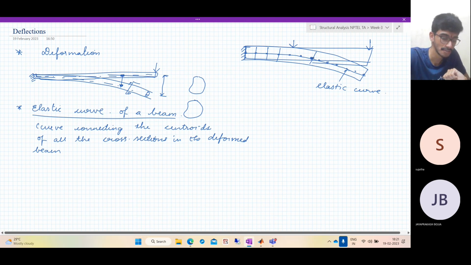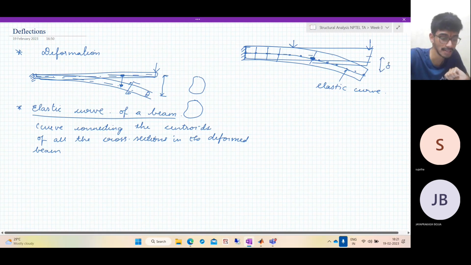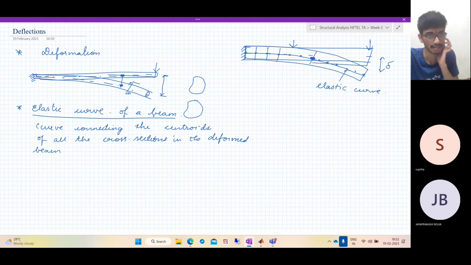So if you subtract the vertical position of a point on the elastic curve from the original position, what you get will be the deflection. This part of the course is all about finding deflections for statically determinate beams.